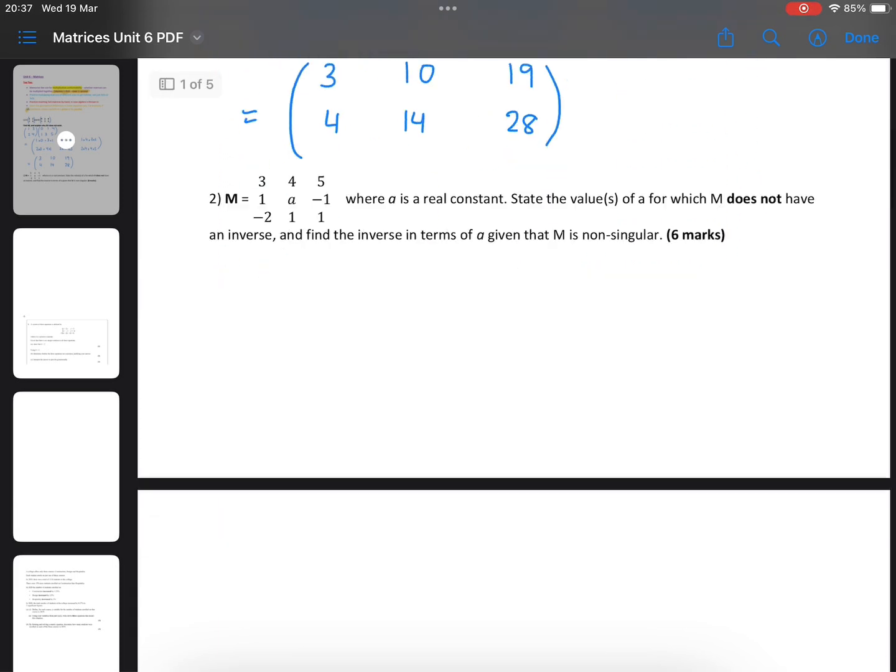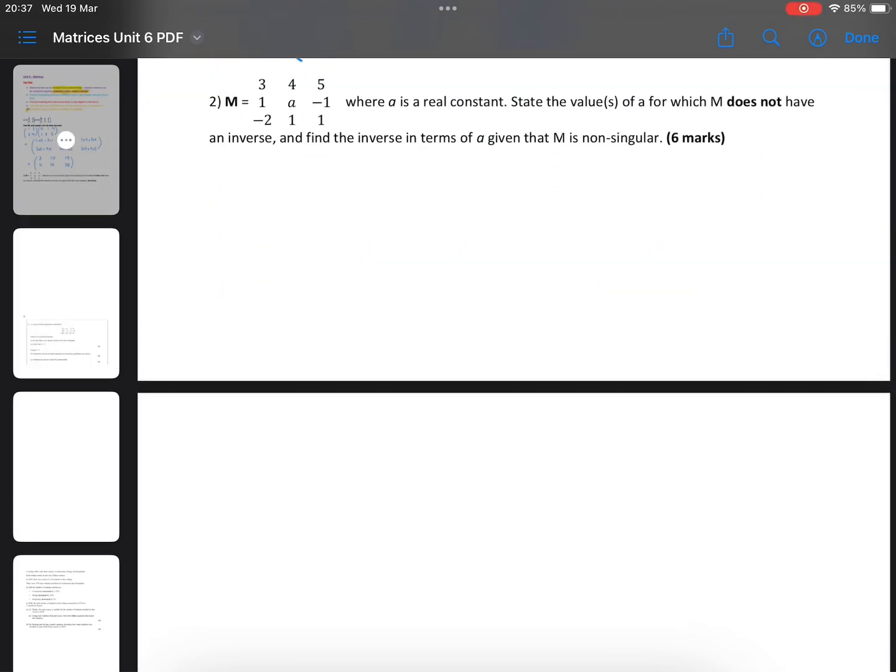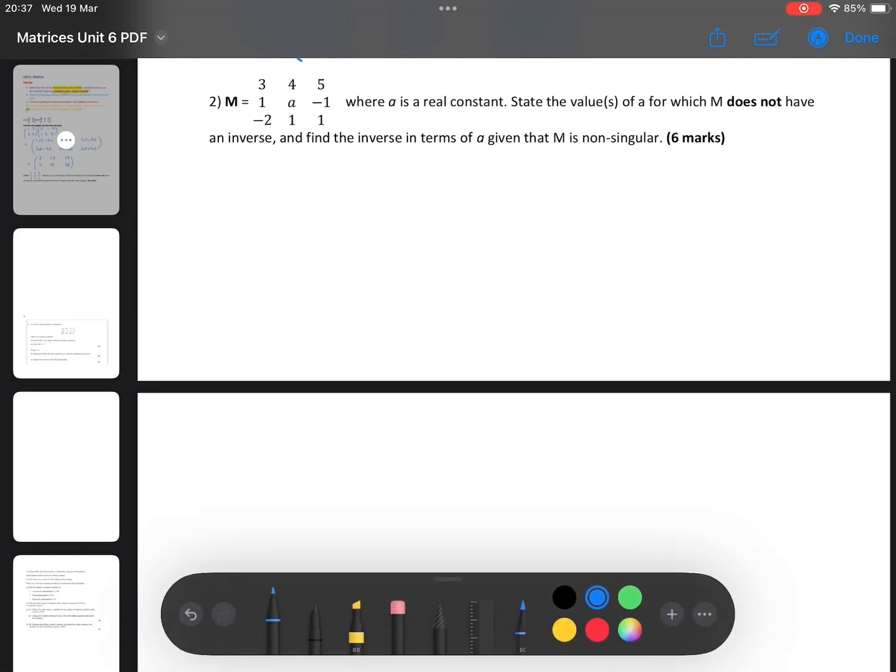Next one, we've been given a 3x3 matrix, which contains an algebraic variable in it, A. And we've been told where A is a real constant, state the values or value of A for which M does not have an inverse, and then find the inverse in terms of A, given that M is non-singular.